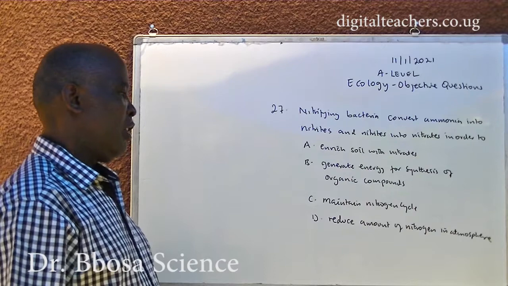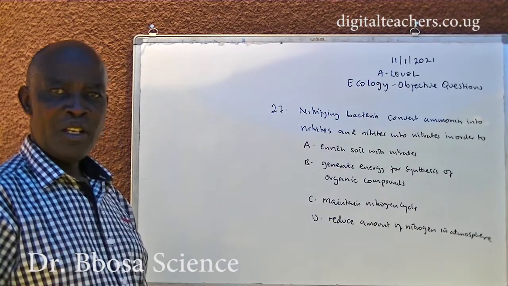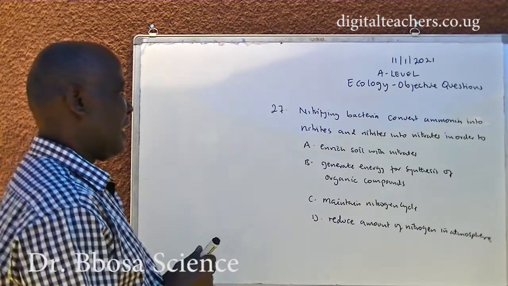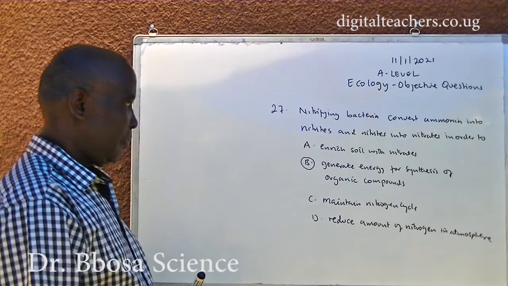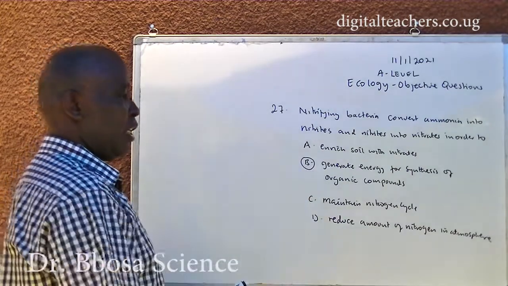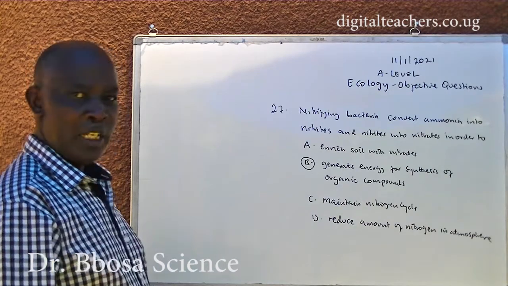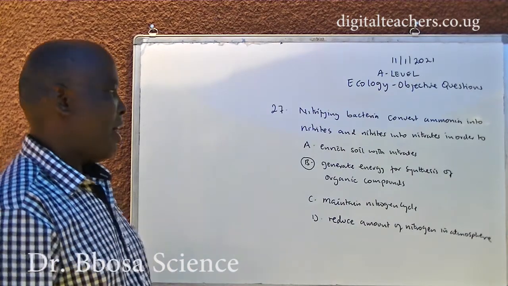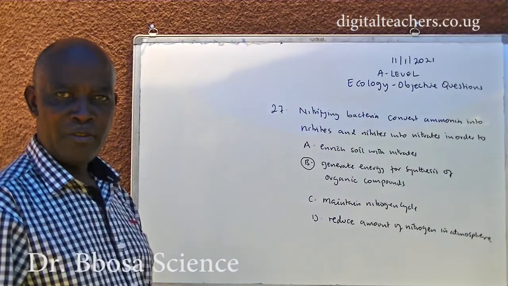D. Reduce amount of nitrogen in the atmosphere. You can pause and answer. The answer is B. The consequence of generating energy is to enrich the soil with nitrates. But this is not the primary objective.